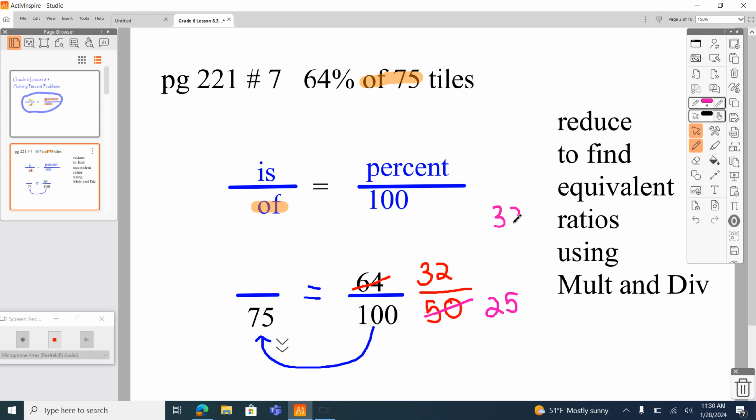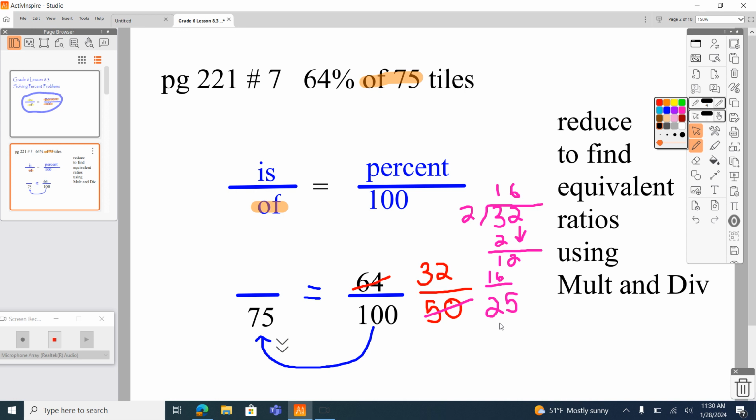Do your long division. 2 goes into 3 one time. 1 times 2 is 2. 3 minus 2 is 1. Bring down the 2. And 2 goes into 12 6 times. And now, 16 over 25, we can find a pattern of multiplication and division.